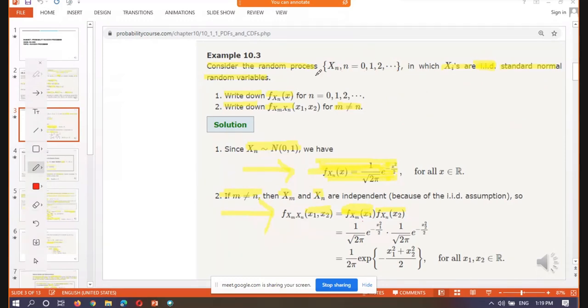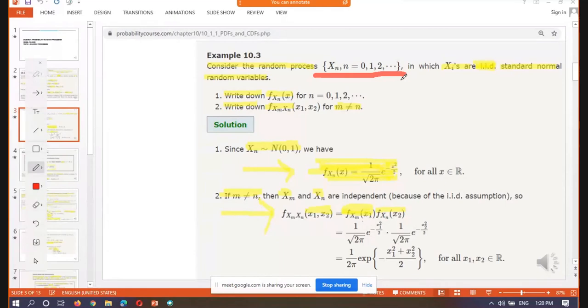By looking at the random process, we can say whether it is discrete or continuous. As here I am taking discrete values, it's a discrete time random process. Now here we are saying that Xi's are IID standard normal random variables. IID stands for independent identically distributed random variables.